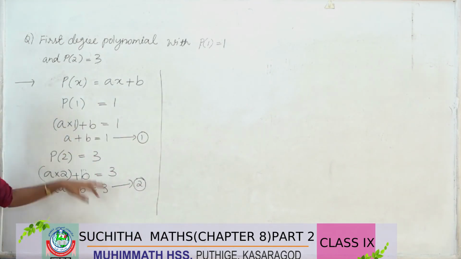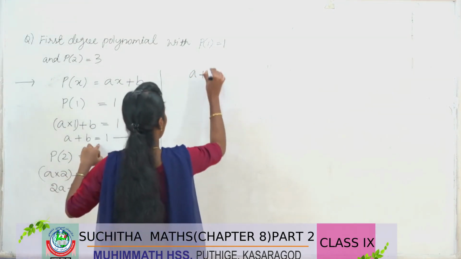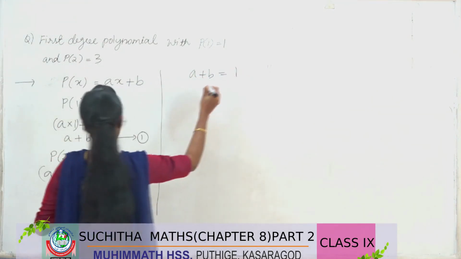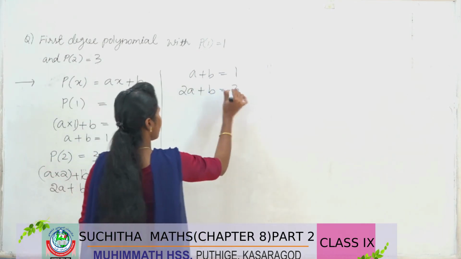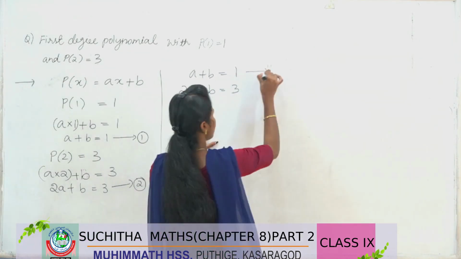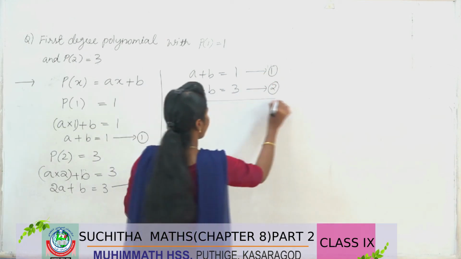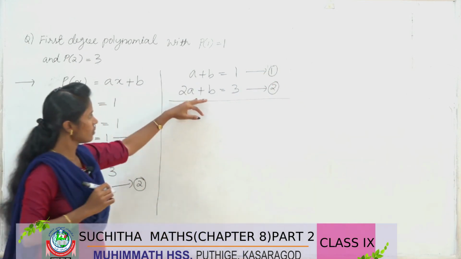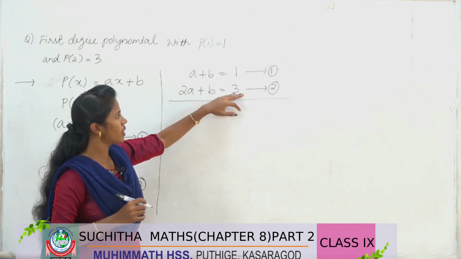Here we get two equations. First equation is a plus b equal to 1. Second equation is 2a plus b equal to 3. Now from 1 and 2, subtract equation 1 from equation 2.